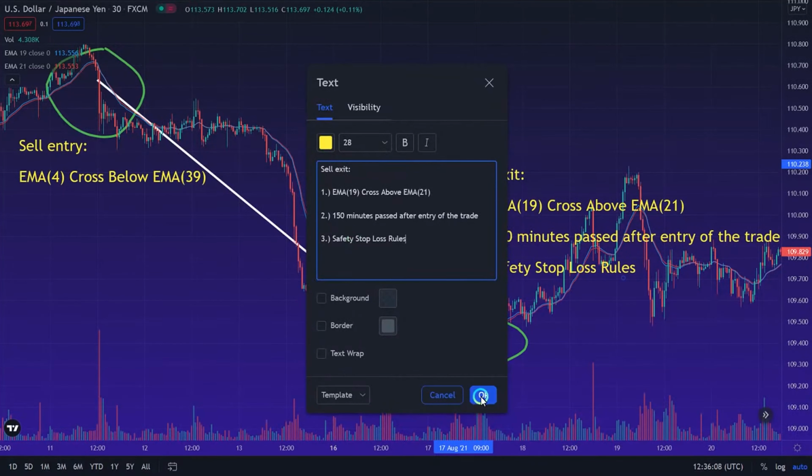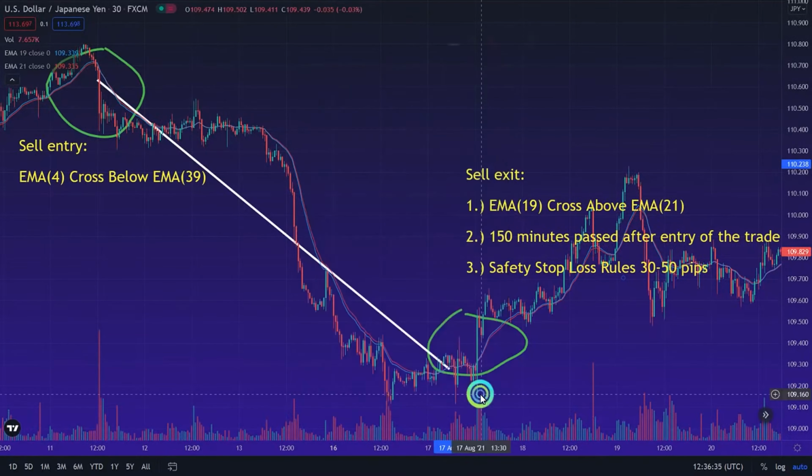Of course, we have an entry strategy, and the backtest showed profitability, but the exit strategy plays a huge part in it. So I can't tell you enough times that you should follow all the rules. And yeah, in this case, it is a maximum of 30 to 50 pips.